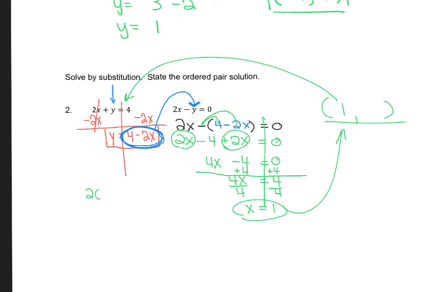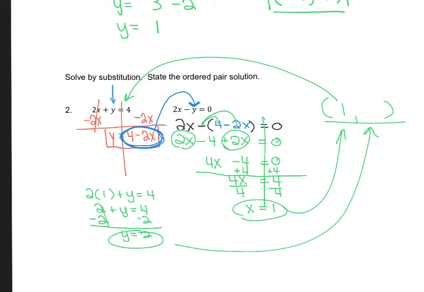So 2 times 1 plus y equals 4. So 2 plus y equals 4. I'm going to subtract 2 on both sides, and I'm going to get y equals 2. I'm going to plug that in for y, and I'm going to get 1, 2. So my answer to this question is 1, 2.